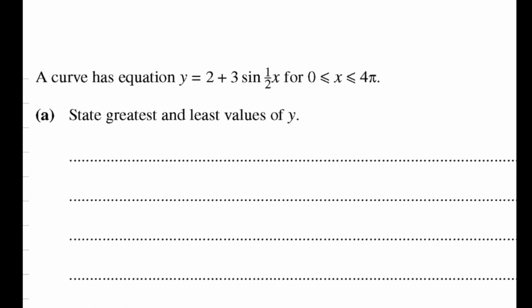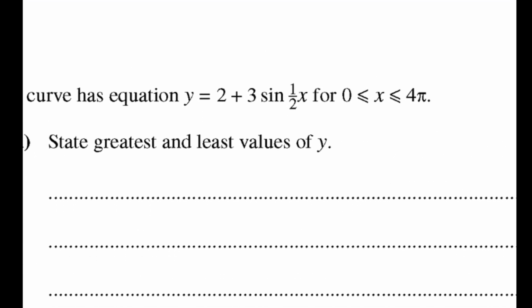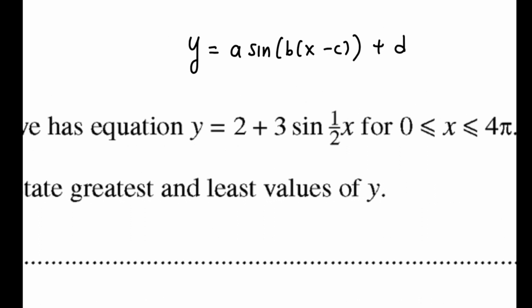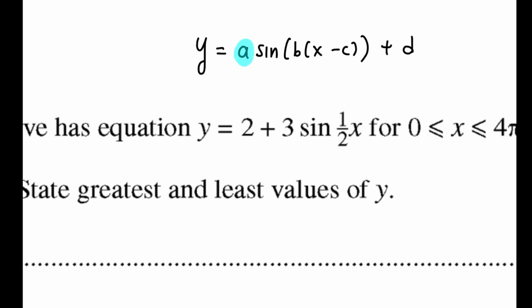So, if you still remember, the general form of sine is a sine bx minus c, plus d. Now, as we can see, a is the coefficient of sine, which is 3. b is the number in front of x, which is half.